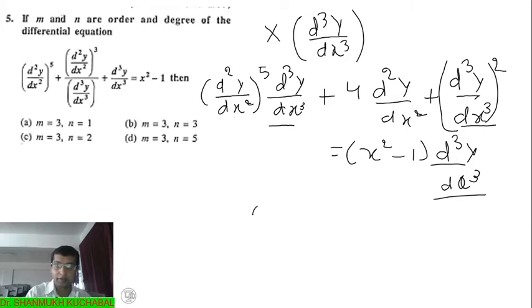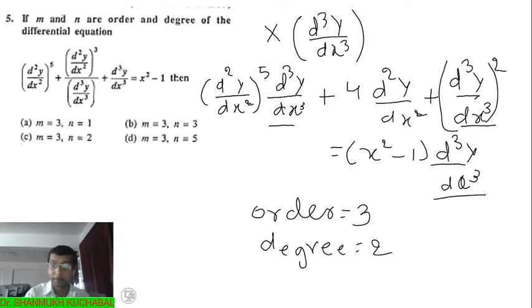So order is 3. For degree, here it is 1, here it is 2, and we take the maximum, so degree is equal to 2. Order notation is m, degree notation is n. Therefore option C, m equal to 3, n equal to 2, is the right answer. So C is the right answer.